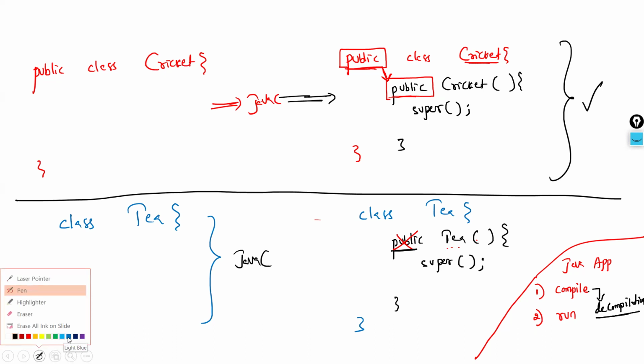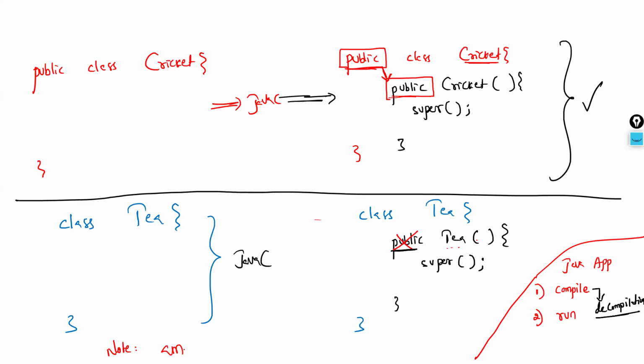With these two examples, the conclusion or the important note to remember: the access modifier of the default constructor is the same as the access modifier of the class.